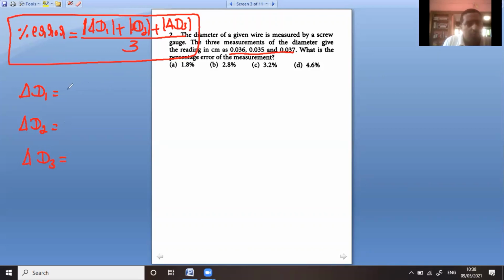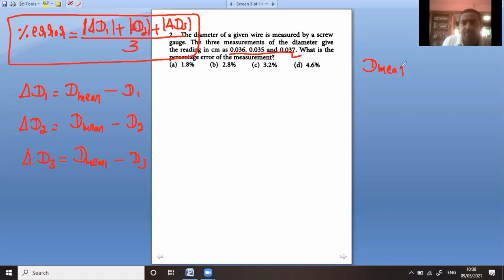What is the formula? The mean diameter minus d1, the mean diameter minus d2, the mean diameter minus d3. So diameter 1, diameter 2, diameter 3 are given, but how to find out the mean diameter?